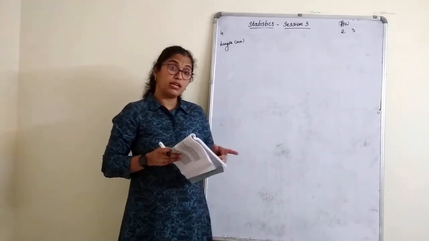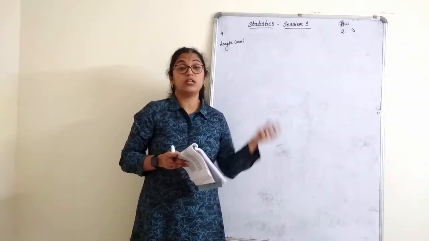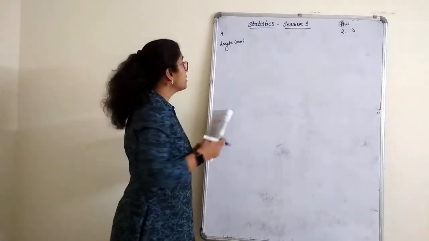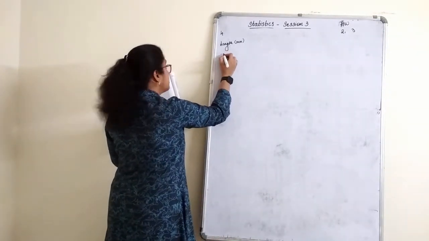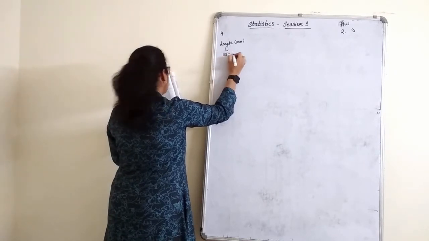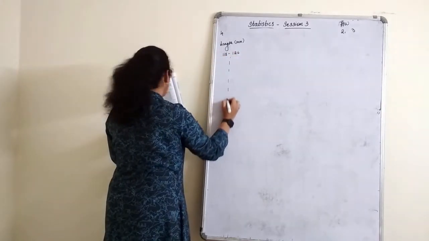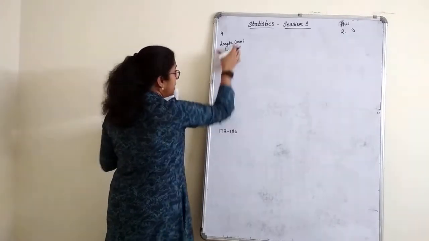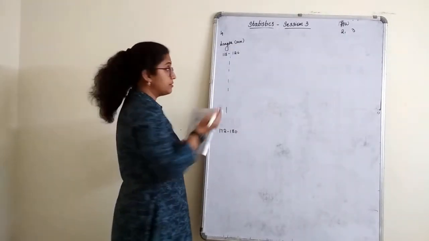Remember, to construct a histogram, you might have read the definition, we always want continuous class intervals, right? What you are supposed to do first: write the question like this, 118 to 126, which goes on to 172 to 180. Copy down this question as it is, children.